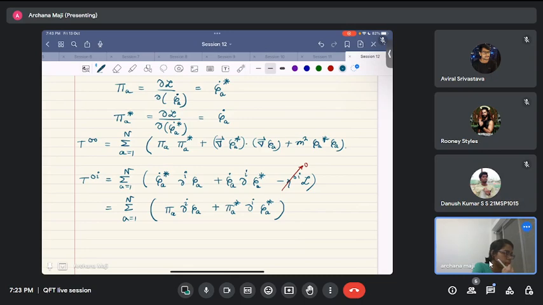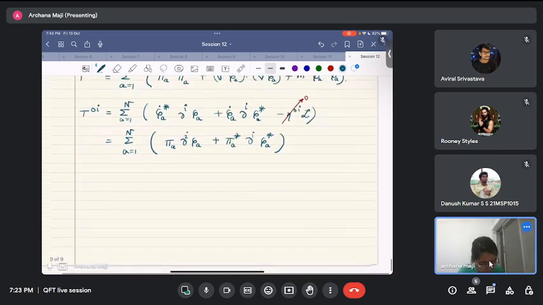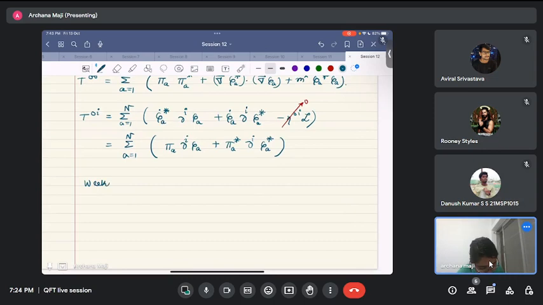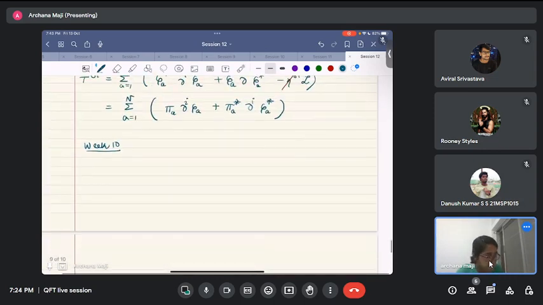Consider the following theory of a complex scalar field phi, d4x times the Lagrangian density.